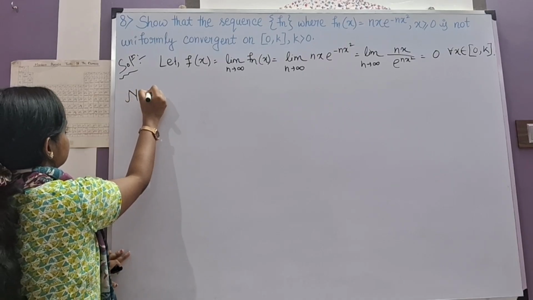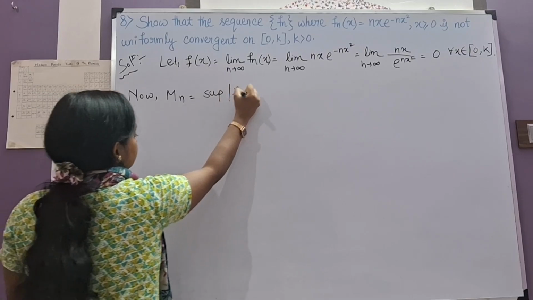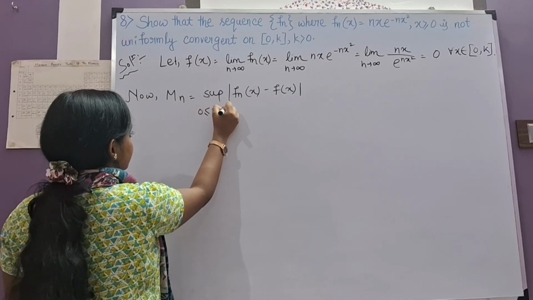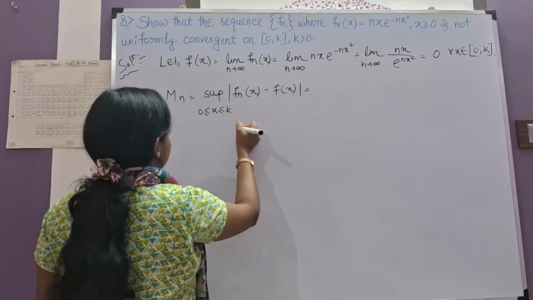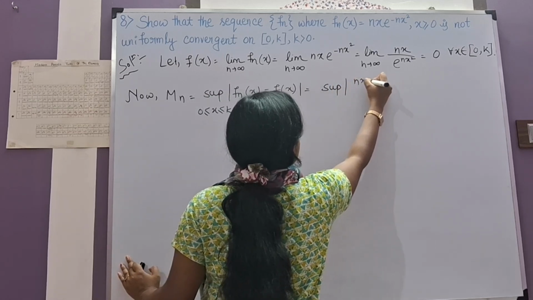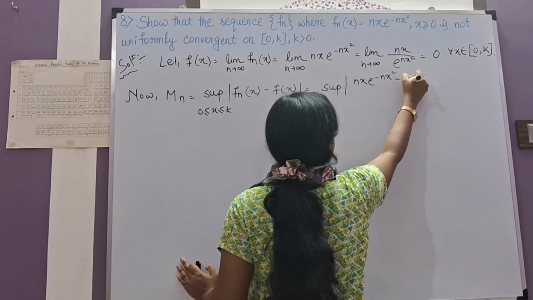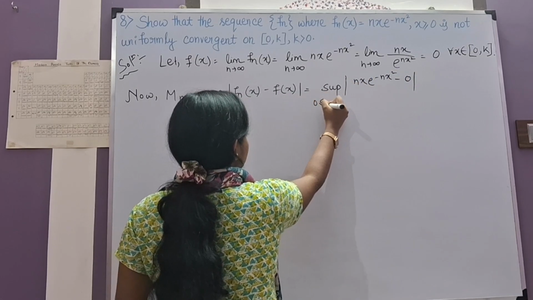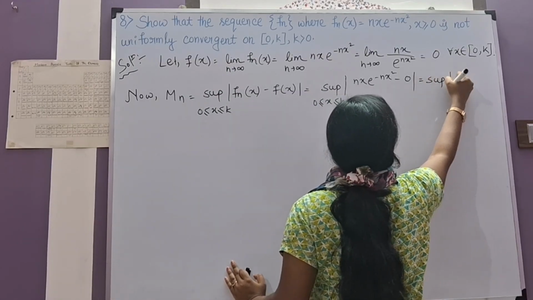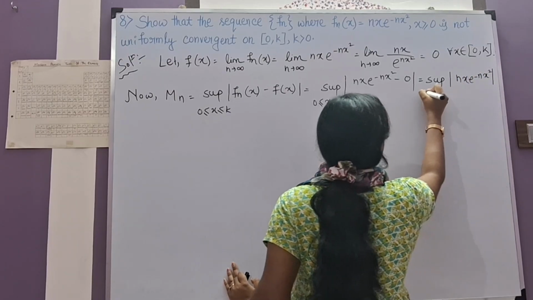Now, capital An equals the supremum of |fn of x minus f of x|, 0 ≤ x ≤ k, equal to the supremum of nx e to the power minus nx squared minus 0, 0 ≤ x ≤ k, equal to the supremum of mod of nx e to the power minus nx squared.